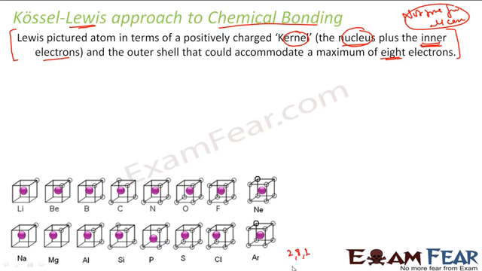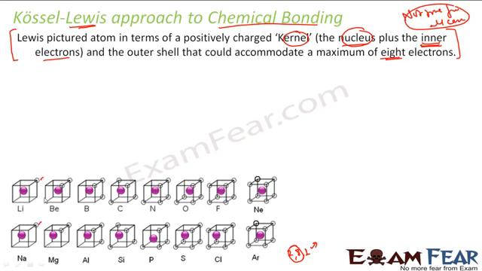Correct? So in case of sodium, these electrons are my inner electrons, and the outermost electron is only one. So what we are saying is that the kernel is both my nucleus and the inner electrons. So in case of both sodium and lithium, the outermost electron is 1.